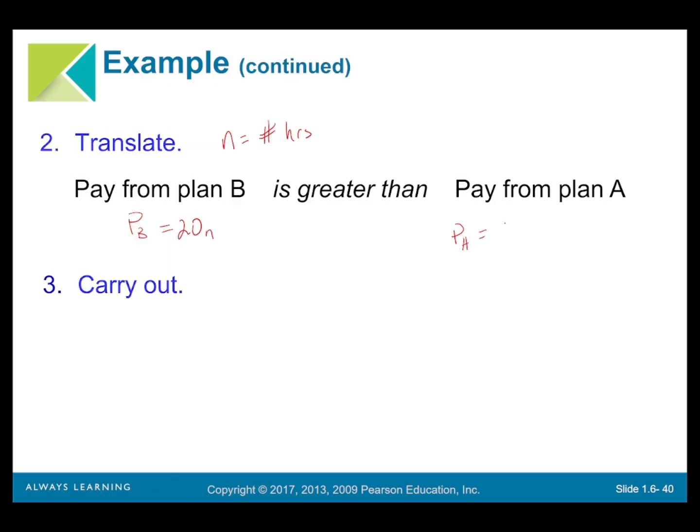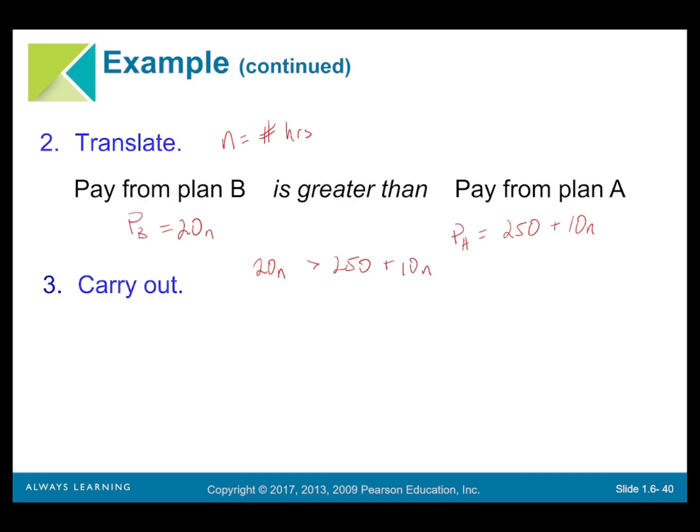So when we write this down, we write down the fixed cost, $250, and then we add on $10 times the number of hours. And so we want to know when plan B is greater than plan A. We want to know when 20N is greater than 250 plus 10N.